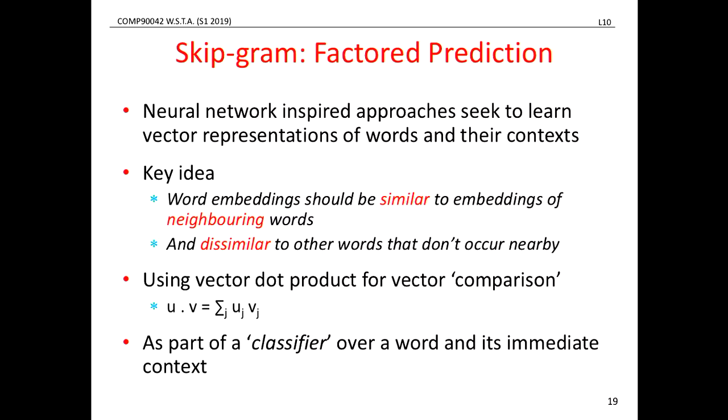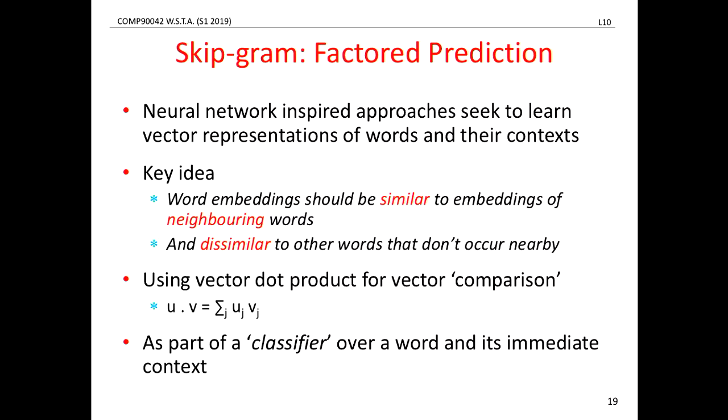So the idea is we're trying to learn vector representations of words that are similar to the vector representations of the context in which they occur, and more similar to that than they would be to a random word that doesn't occur in the context. This idea is then operationalized into an algorithm for training.